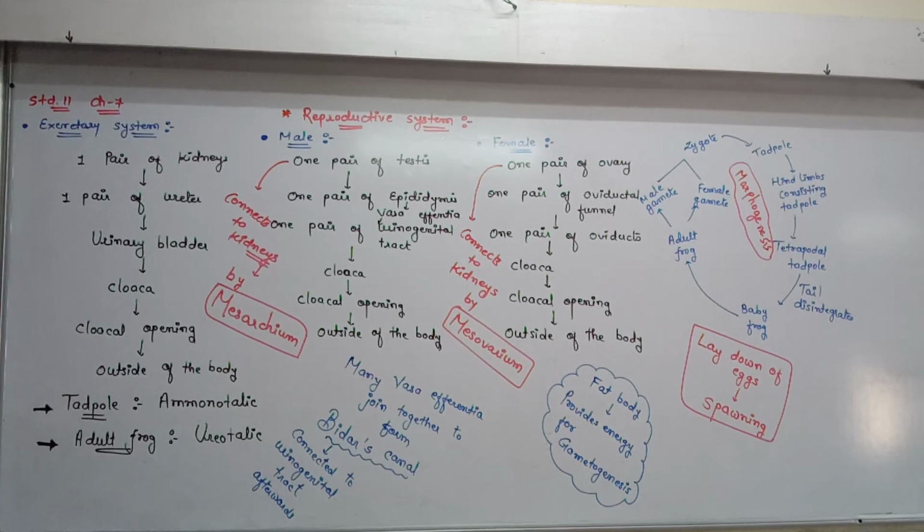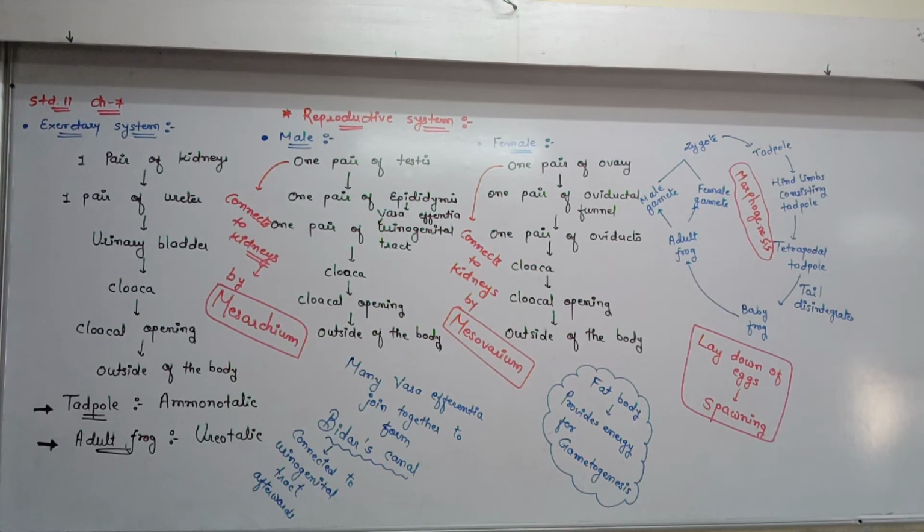Fertilization is external and takes place in water. Development involves a larval stage called tadpole. Tadpole undergoes metamorphosis or morphogenesis. It undergoes several external feature changes and then at last is converted into an adult frog.